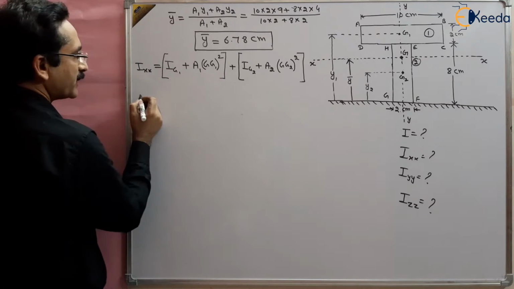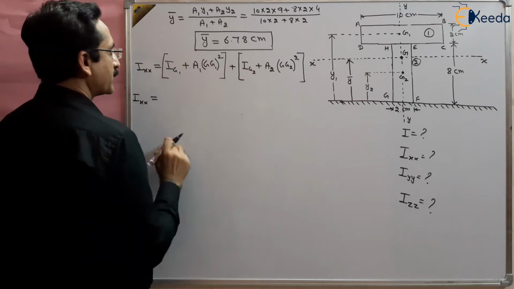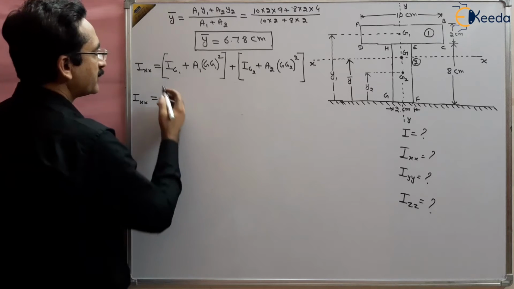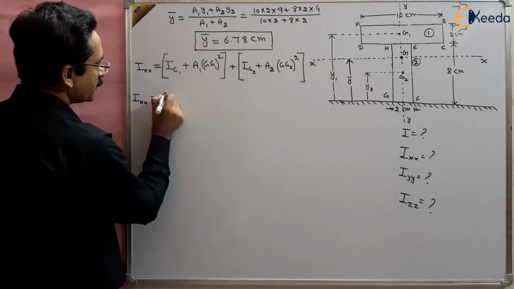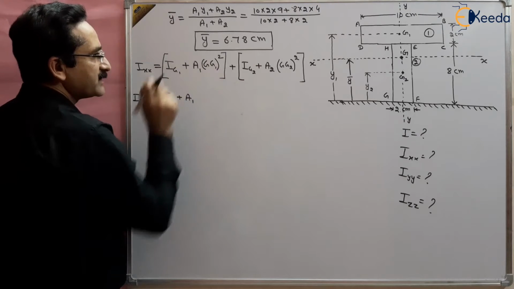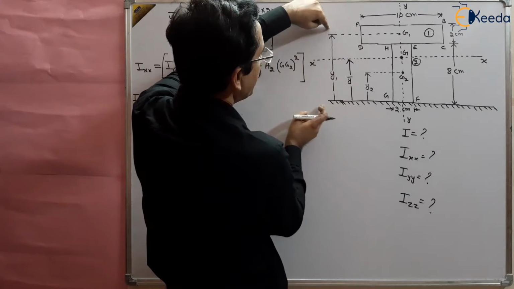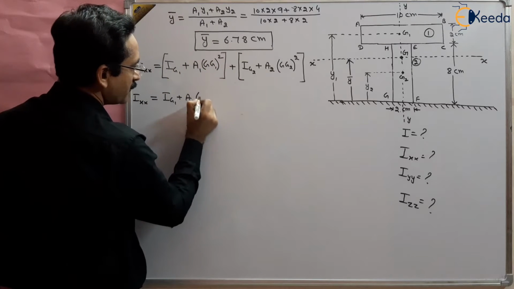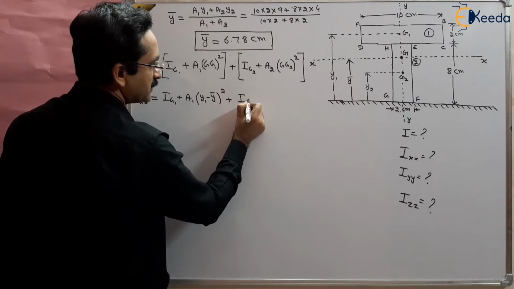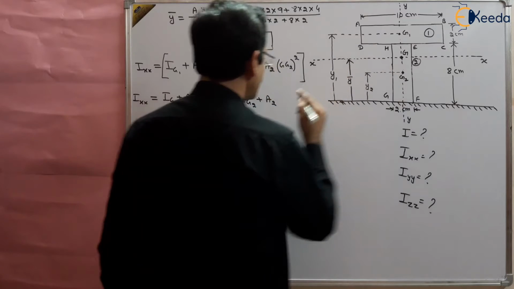So we can apply now Ixx will be equal to Ig1 plus area A1 times the square of d1, where d1 is y1 minus y bar, measured from the reference line, plus Ig2 plus A2 times the square of d2, where d2 is y bar minus y2.